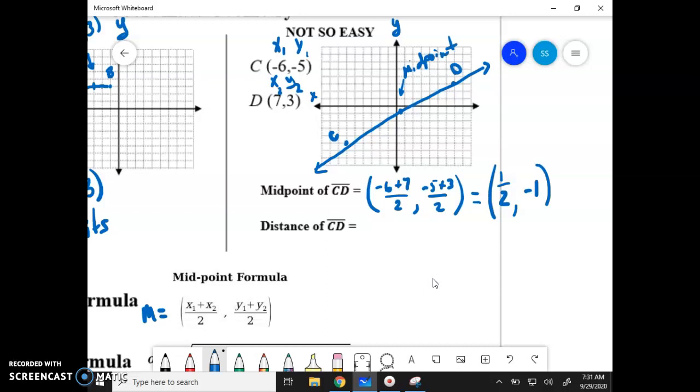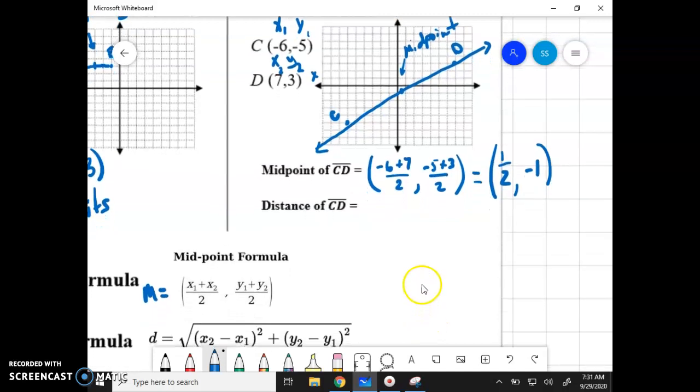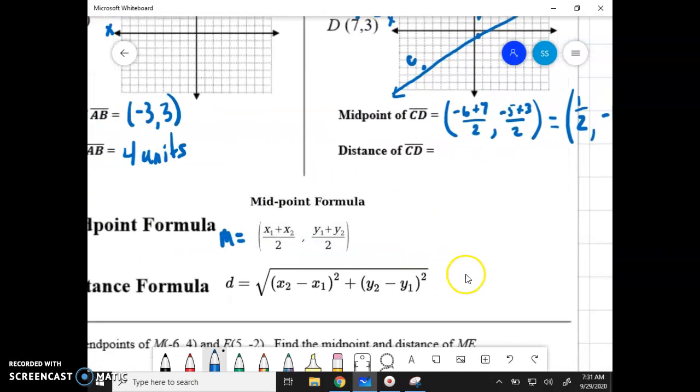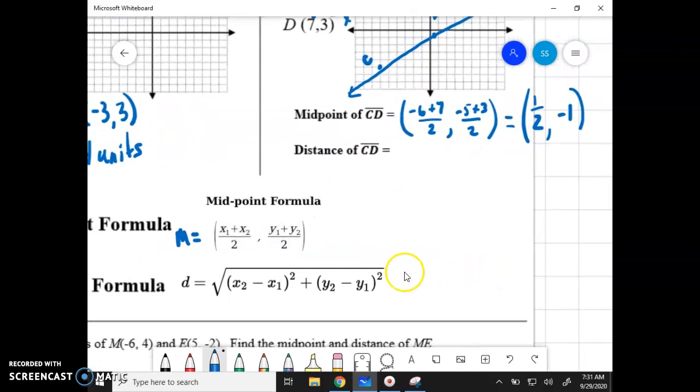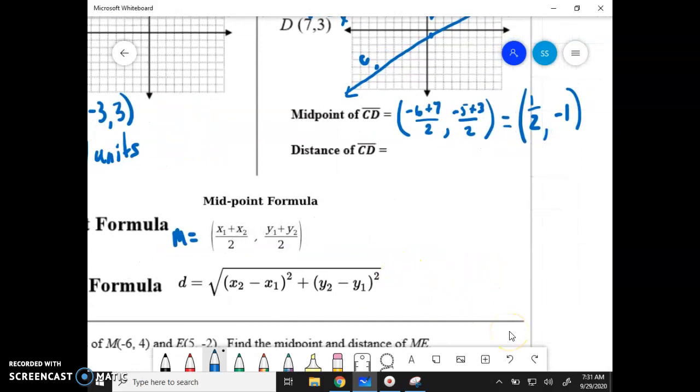What is the distance between these two points? Now we've got a new formula. Here's your midpoint formula, and there's your distance formula: d is equal to the square root of x2 minus x1 squared plus y2 minus y1 squared.